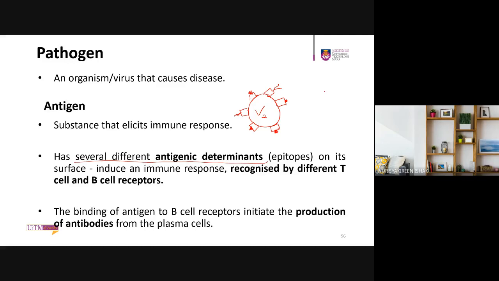So maksudnya kalau ada B cell satu yang dia punya antigen binding site dia bentuk bulat, macam tu. Okay, bentuk bulat kan, bentuk bulat. So B cell 1 ni akan bind kepada virus tu, and this one will be activated.